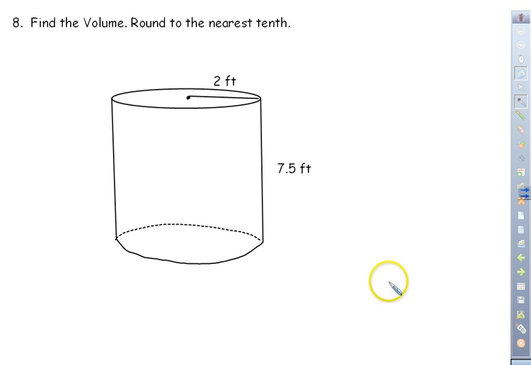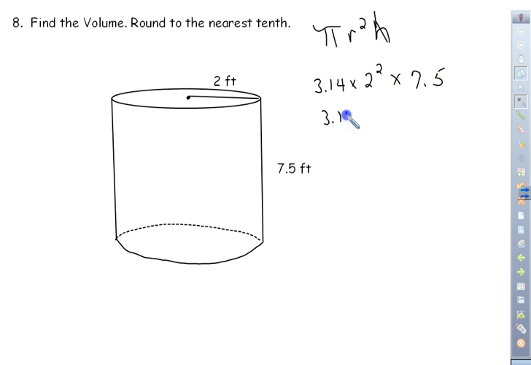Finding the volume for this particular problem, it is going to be pi r squared times the height. Okay, so plug those in. My pi is 3.14 times my radius, which is 2. This is the radius from the middle to the outside edge. So 2, and it is squared, times my height, which is 7.5.